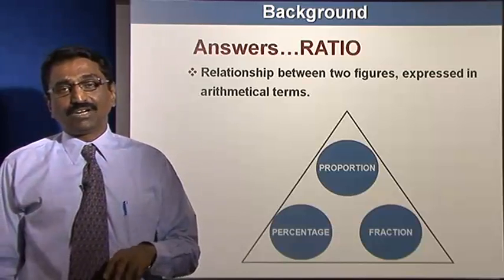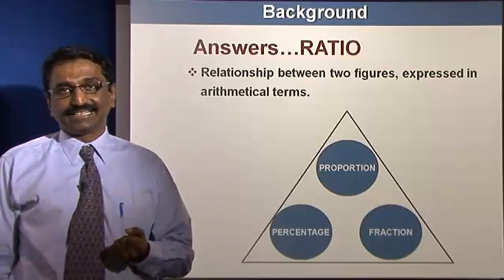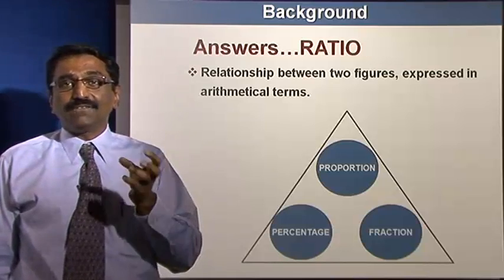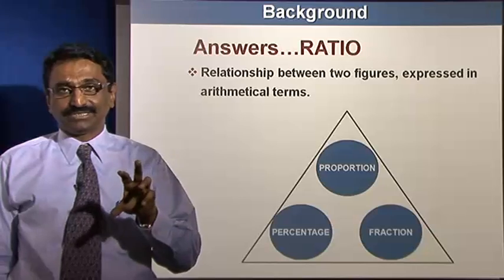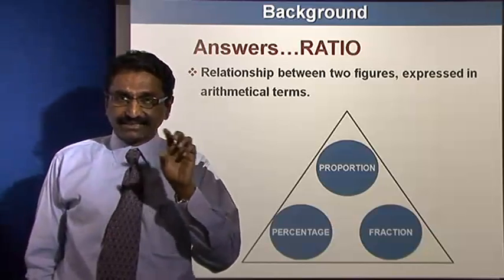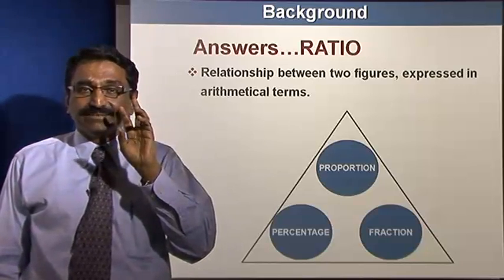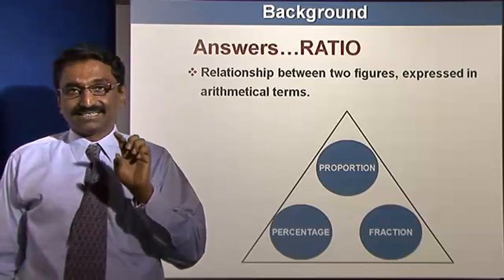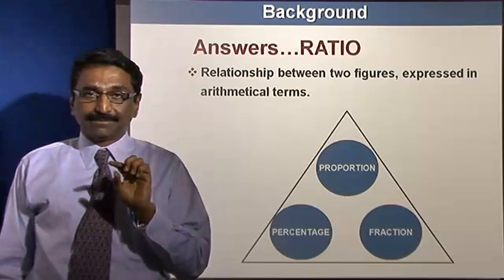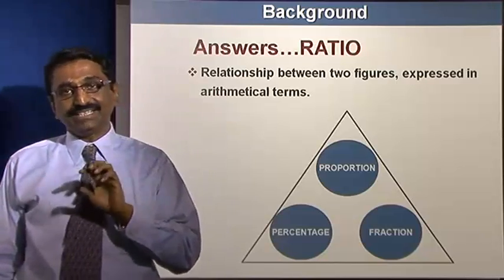Or one more way of looking at it is 15 by 30, which would mean that the proportion of girls in the class is 50%, or half of that of the boys.